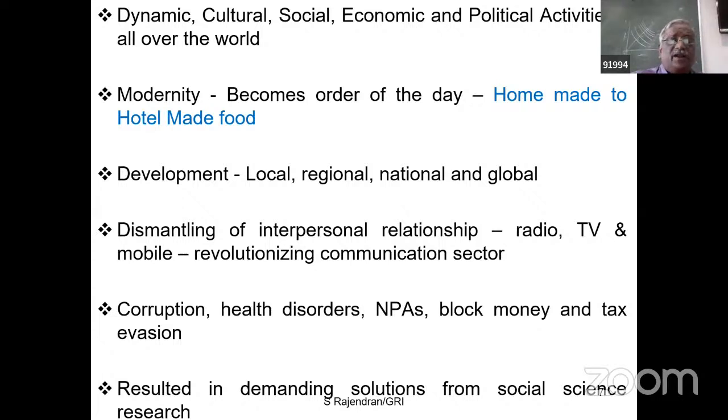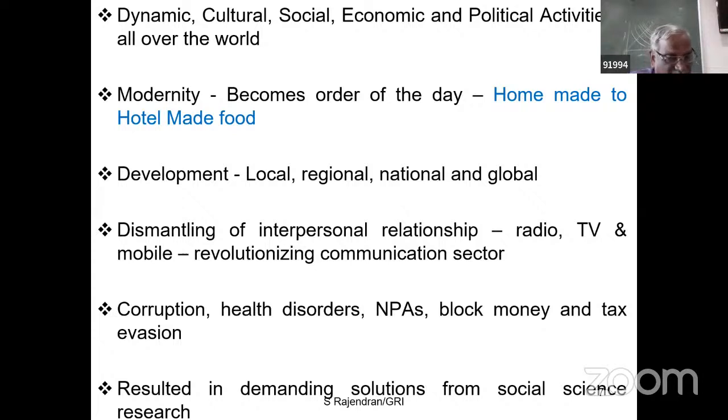And also the modern lifestyle, modern society, modern development has been dismantling interpersonal relationships. The medium of radio, television, mobile is revolutionizing the consumer sector. And of course, we have both sides, both positive as well as negative. And from the perspective of the older generation, the negative impact is overweighing the positive impact.